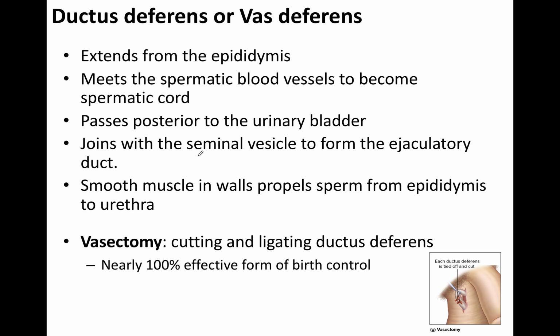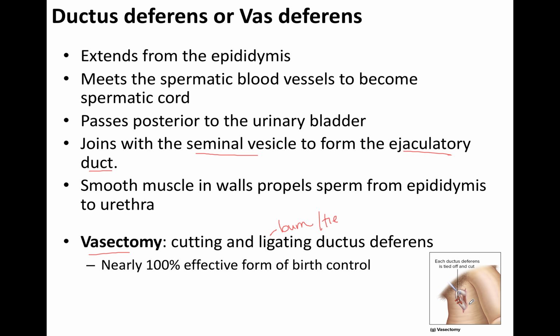So it is going to meet the seminal vesicle at the ejaculatory duct. Here you have smooth muscles in the wall of the tube just to help you move sperm along a little bit easier. So as we kind of talked about already, a vasectomy is essentially when you cut this tube and you ligate it, or burn or tie the two ends to get them separated from each other.